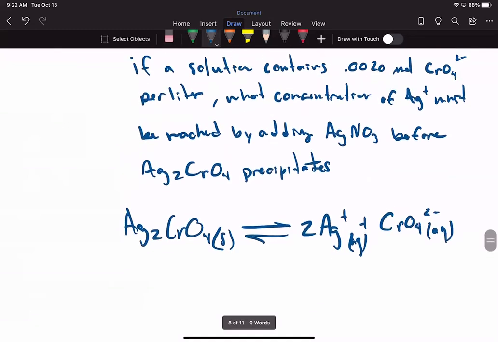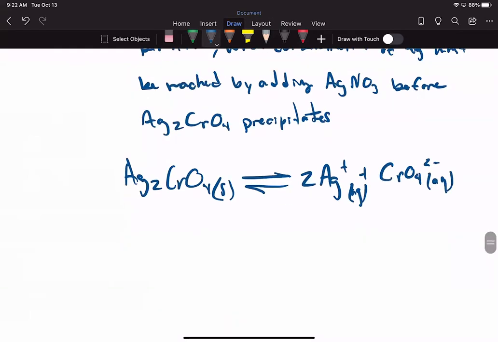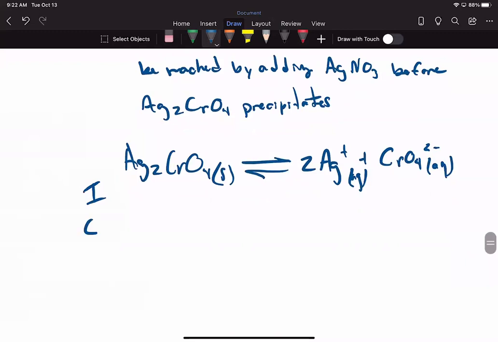All right, so if a solution contains 0.0020 moles of chromate per liter, that's our initial concentration. We don't have any final concentrations here, so we are going to need an ICE table.